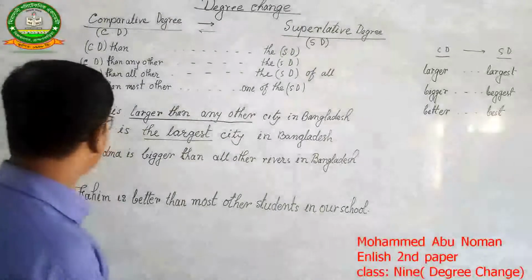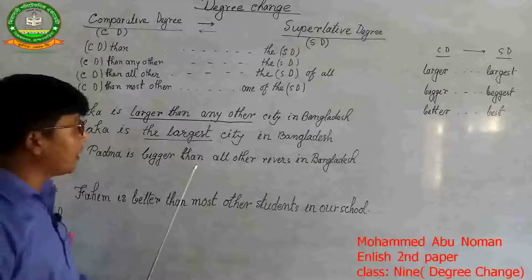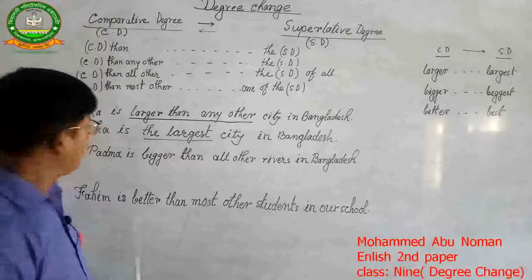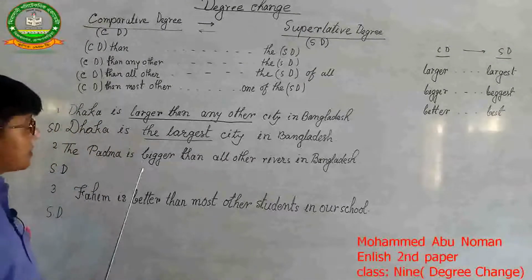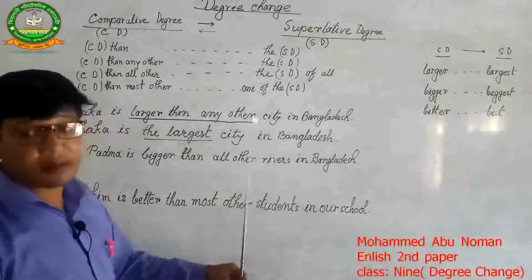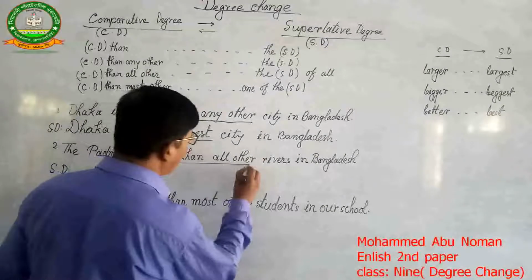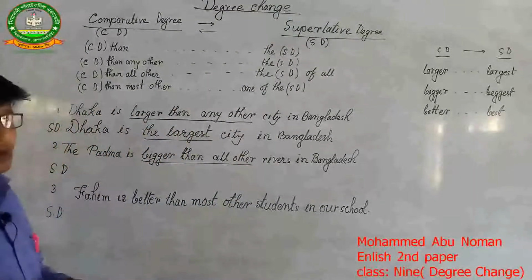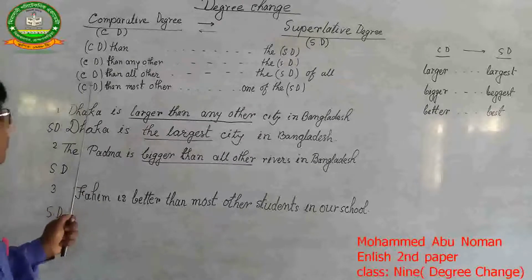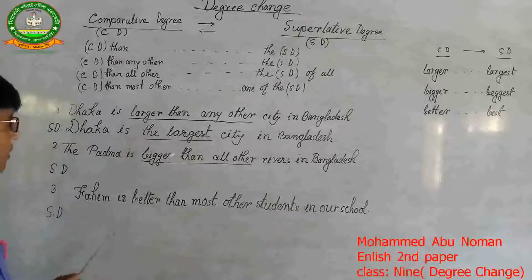Another sentence: the Padma is bigger than all other rivers in Bangladesh. Here, "bigger than all other" is the sign of the comparative form.